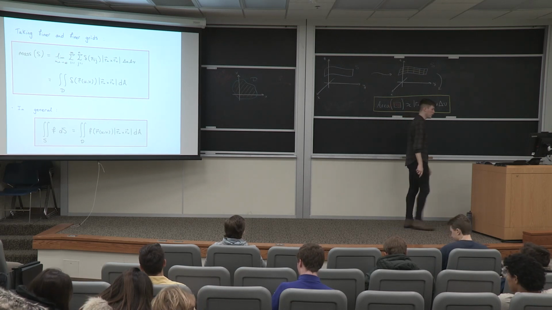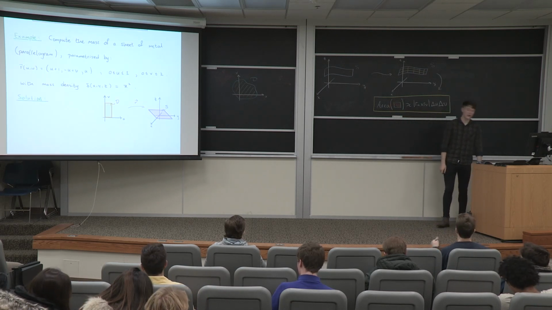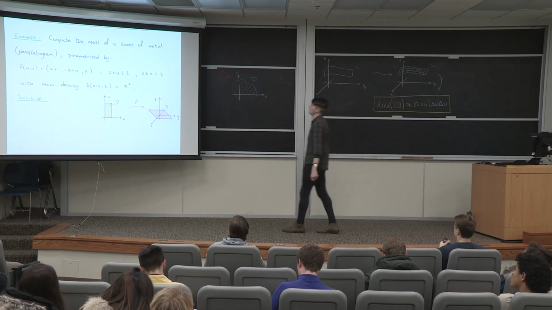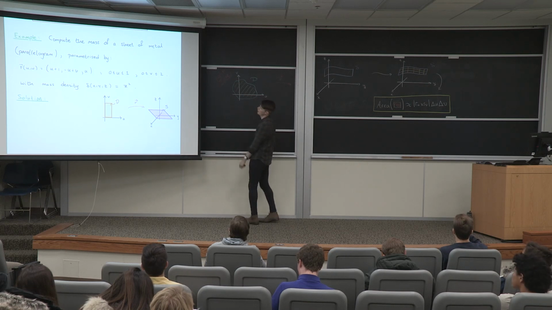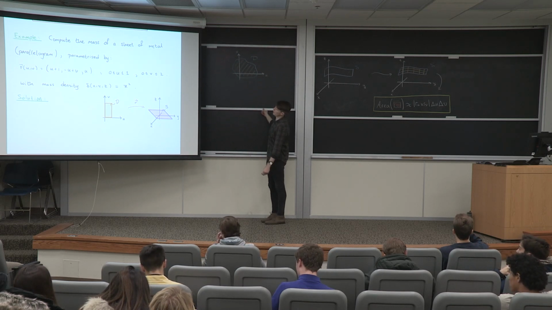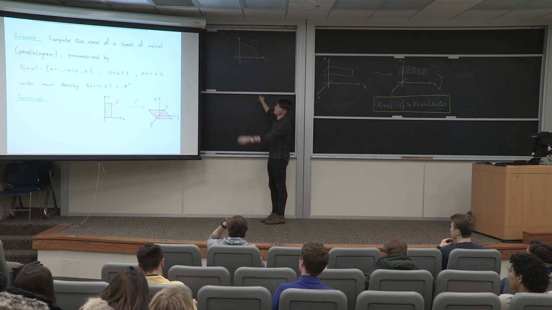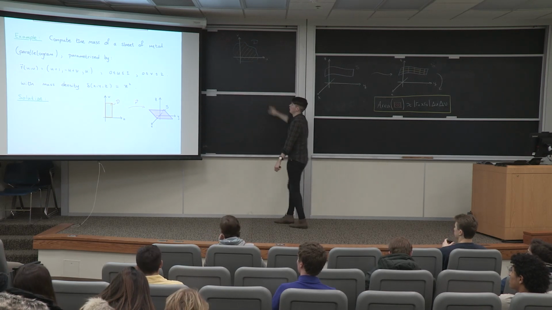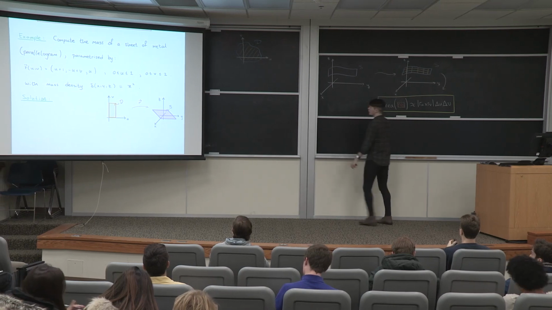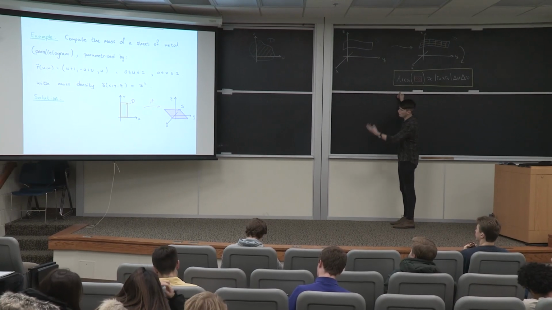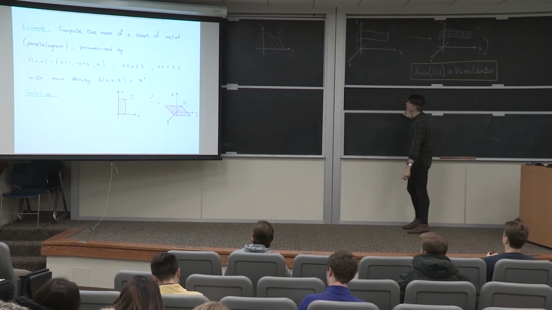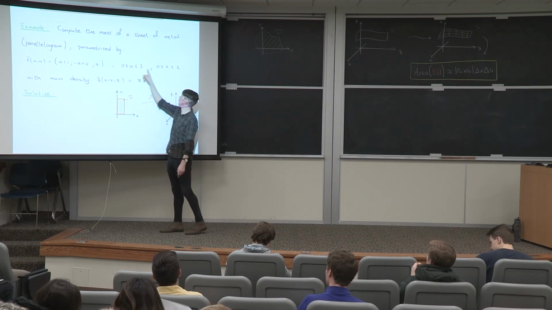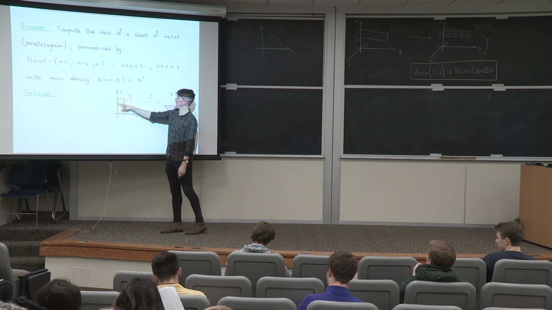Okay. So, let's look at an example. Let's say I want to compute the mass of a sheet of metal that looks like a parallelogram, and it's parametrized by this R. How would I go about doing that? Well, geometrically what's happening first? We have this region, u going from 0 to 1, v going from 0 to 2, looks like this.